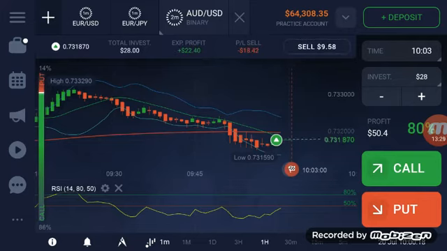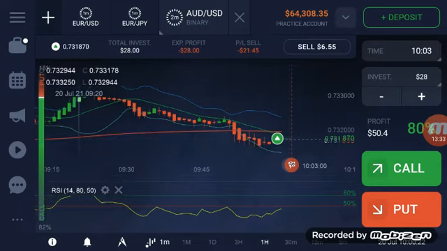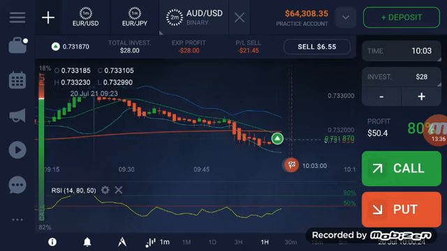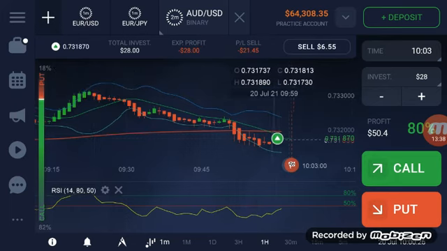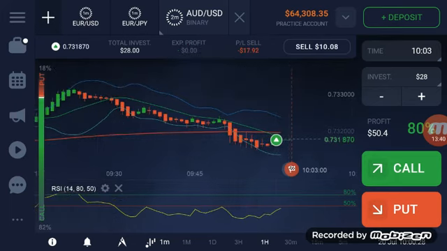I think the trend is due to change here. It's been a good downtrend, you know, 9:23 to 10 o'clock. It's been a good downtrend, so I expect that to change.